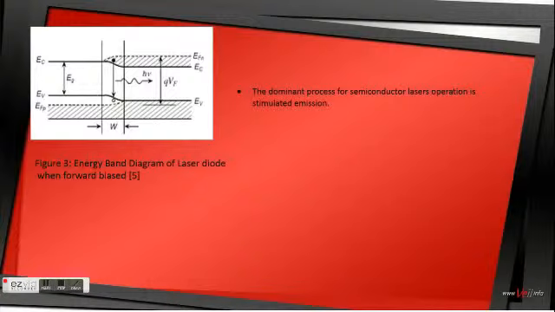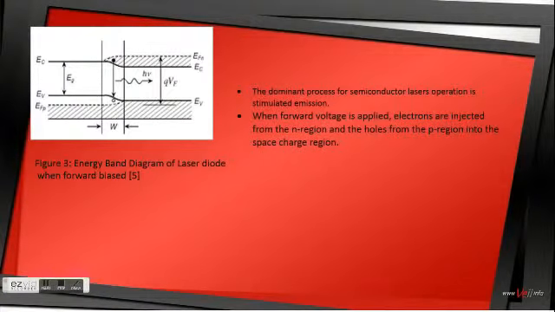When forward biased: 1. The dominant process for semiconductor laser operation is stimulated emission. 2. When forward voltage is applied, electrons are injected from the N region and holes from the P region into the space charge region. 3.